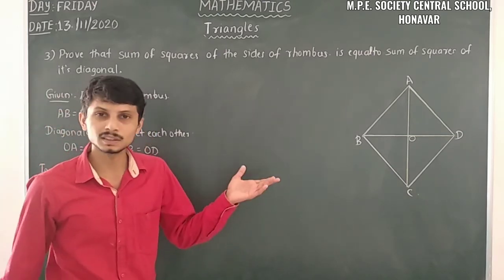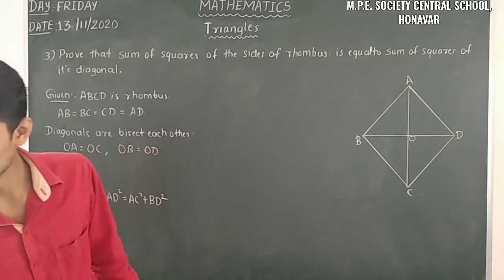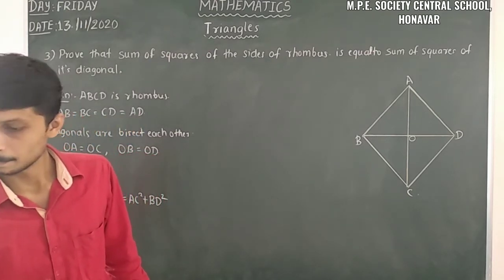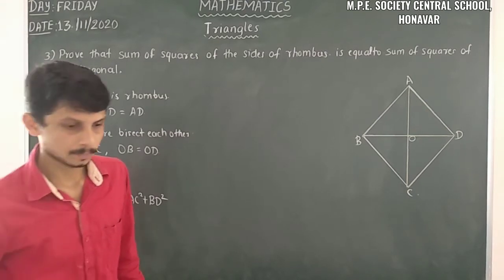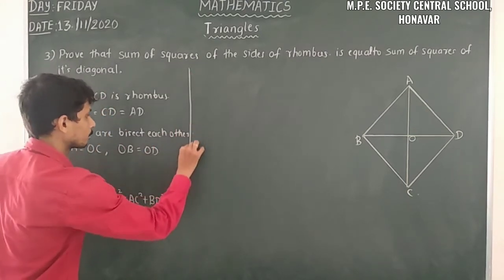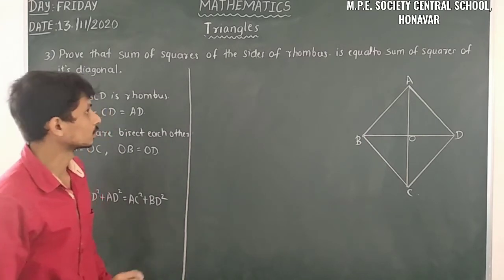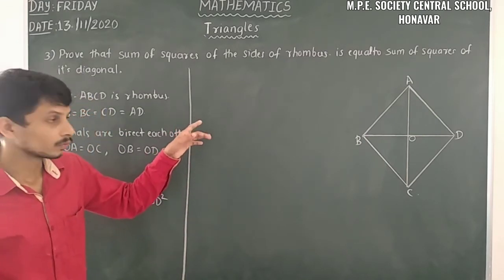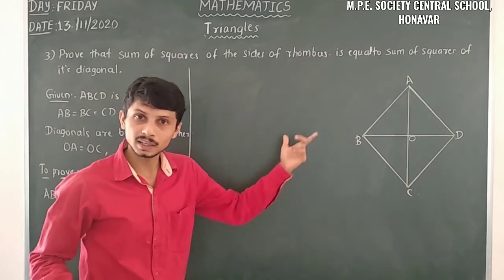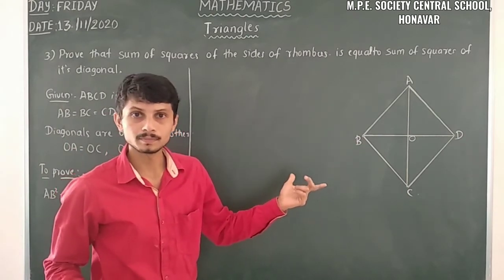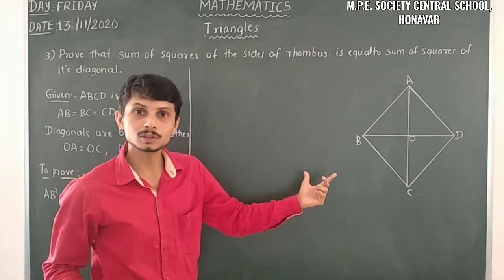There is no construction needed here, so we go directly to the problem. Already we learned that we are in the Pythagoras theorem, so we have to use the Pythagoras theorem.